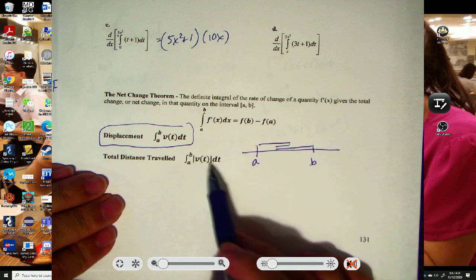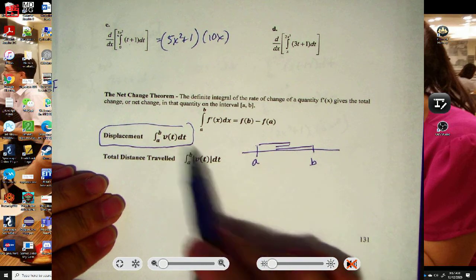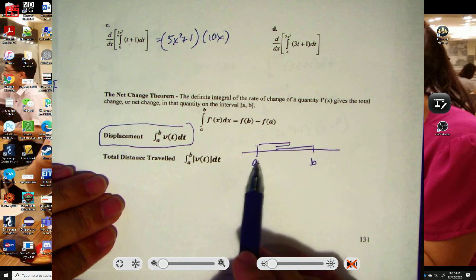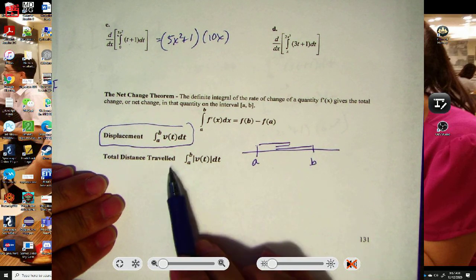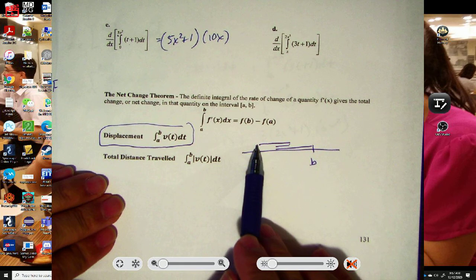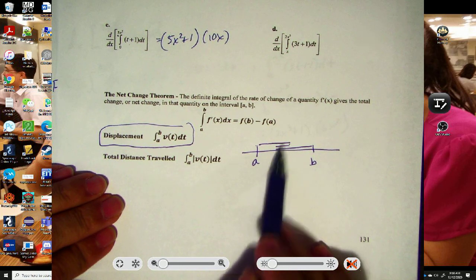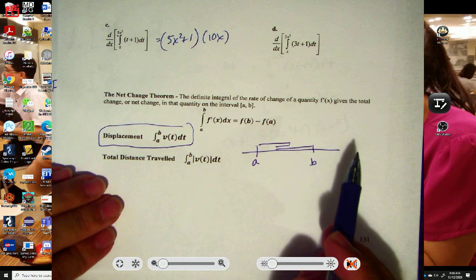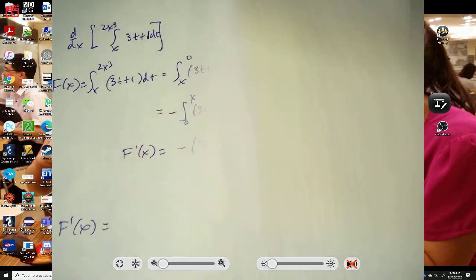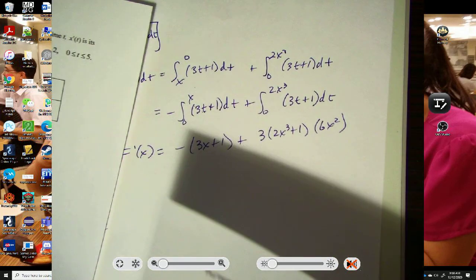That's displacement. Displacement is how far have you moved from A to B, while total distance travel is what's the actual distance covered. So you go from here to here, then go back. So this area is actually counted 3 times in my example.